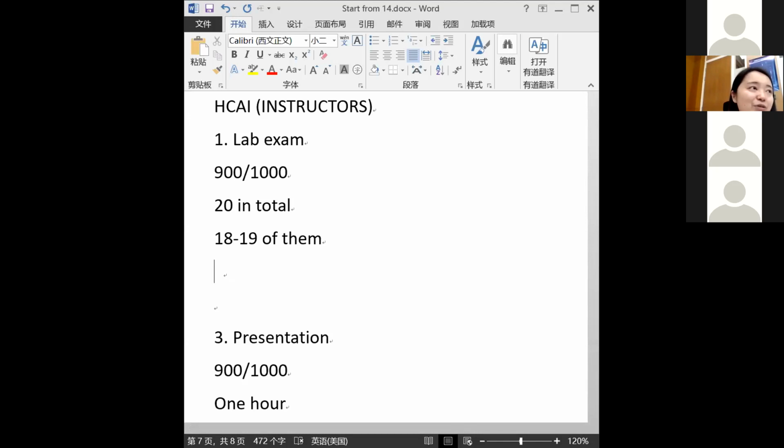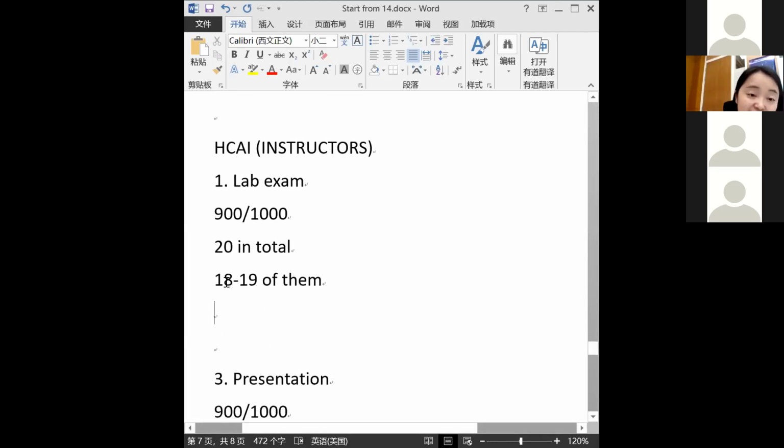Maybe they will ask you to define two variables, or you will be asked to do matrix multiplication between two constants or between two variables, and use a session to get the output of the final result. Questions like that, 18 or 19 of them will be like that.